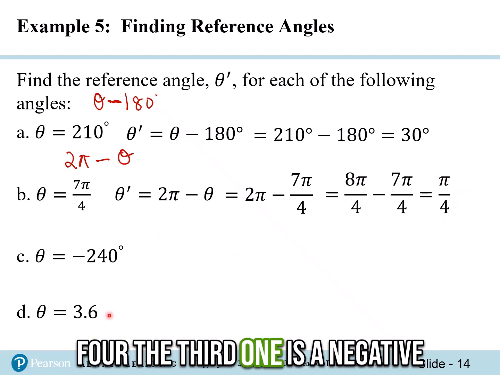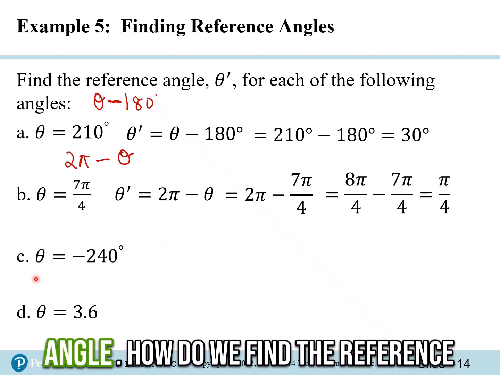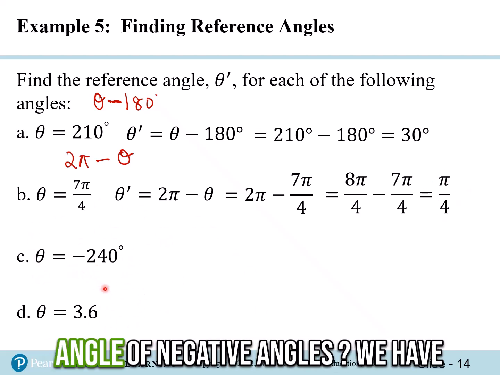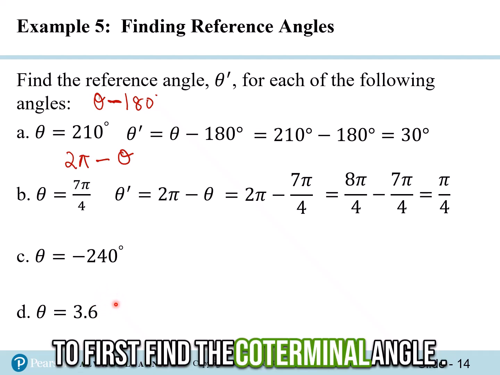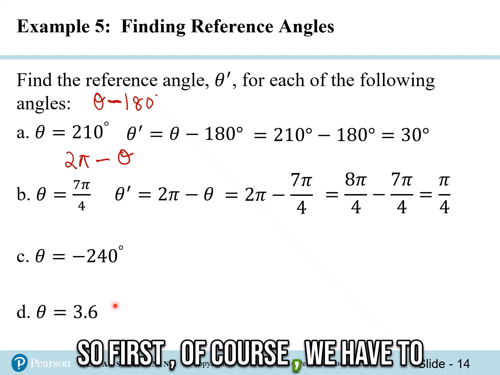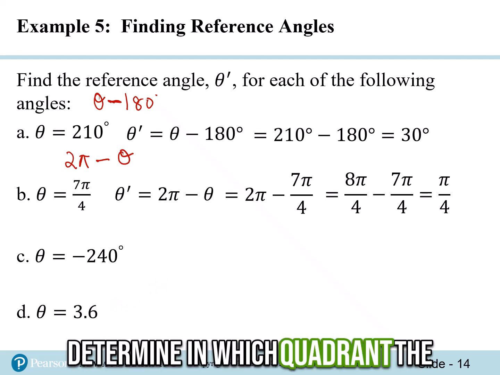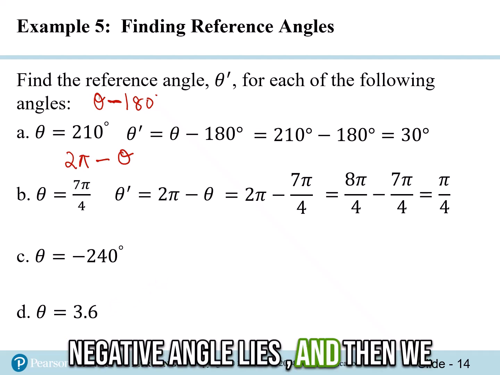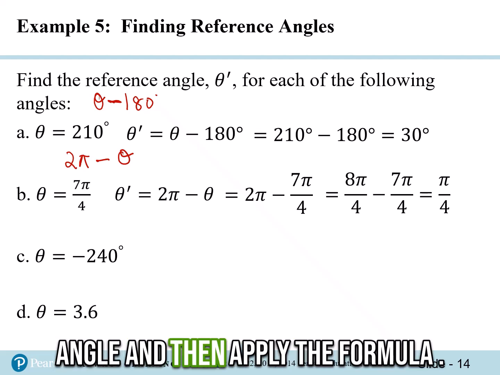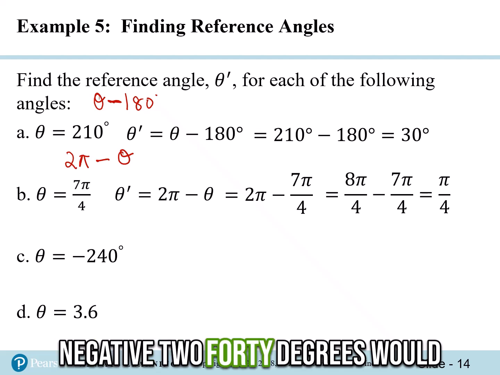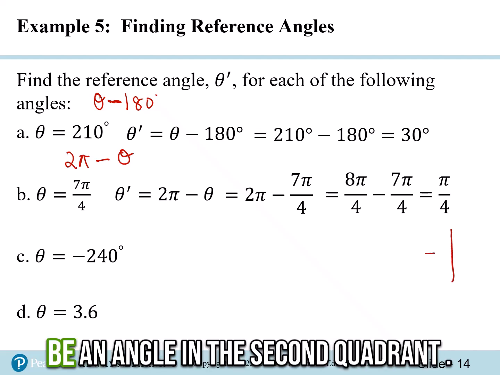The third one is a negative angle. How do we find the reference angle of negative angles? We have to first find the coterminal angle. So first, of course, we have to determine in which quadrant the negative angle lies, and then we have to look at the coterminal angle and then apply the formula. Negative 240 degrees would be an angle in the second quadrant.